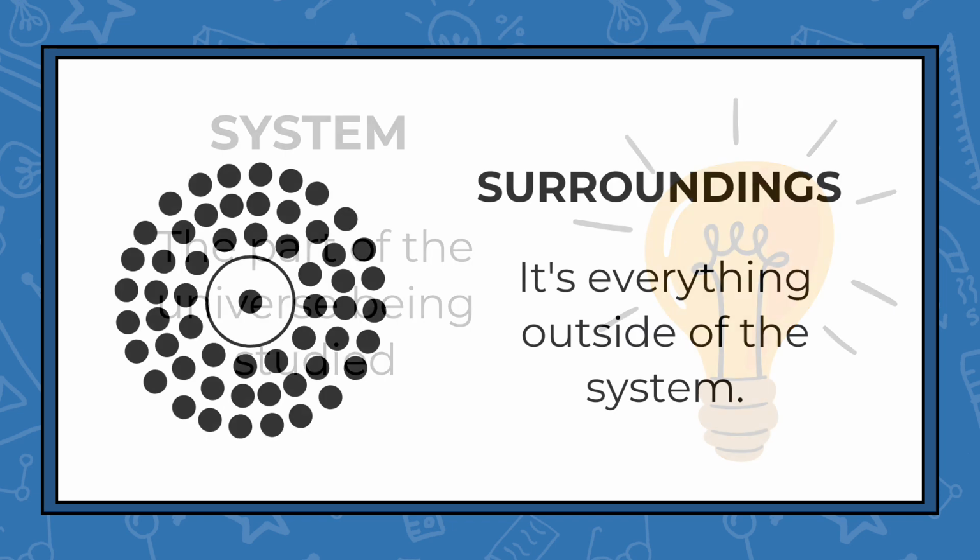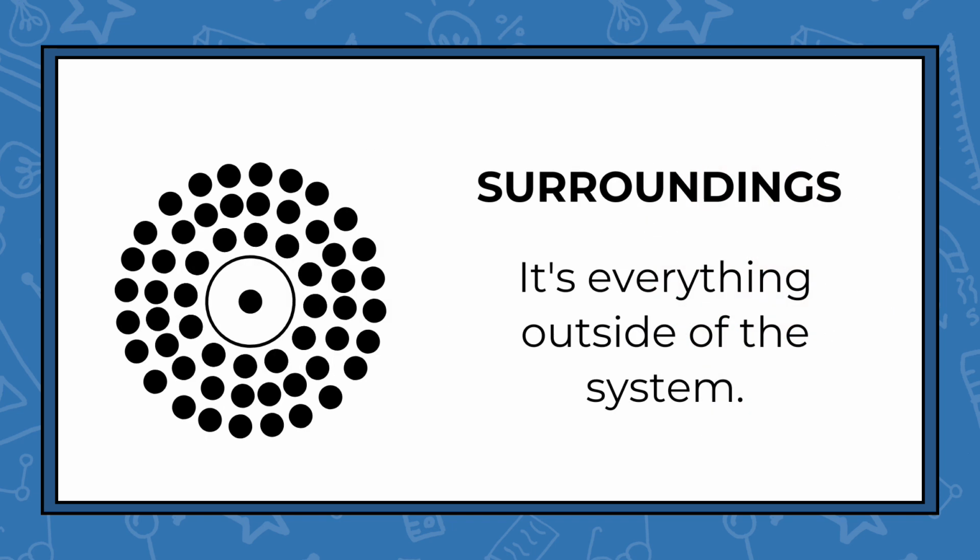Second is surroundings. Surroundings is everything outside the system. The surroundings are everything outside the system that can interact with it by exchanging energy or matter. Example, when you boil water, the surroundings include the stove, air, and the kitchen.